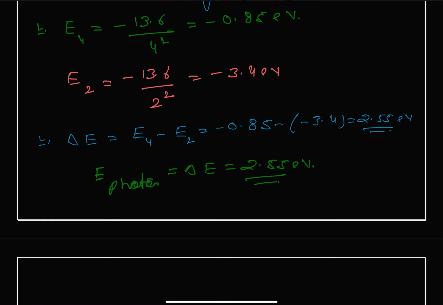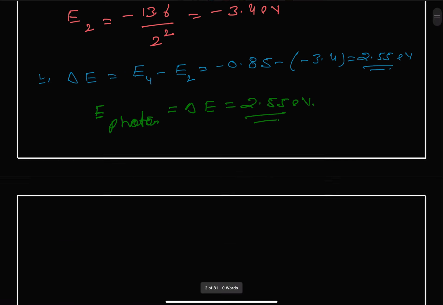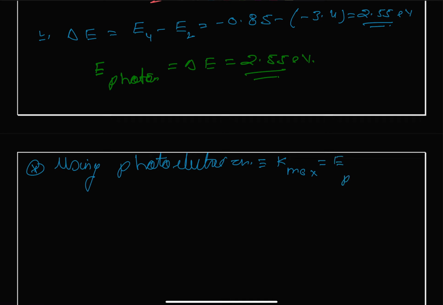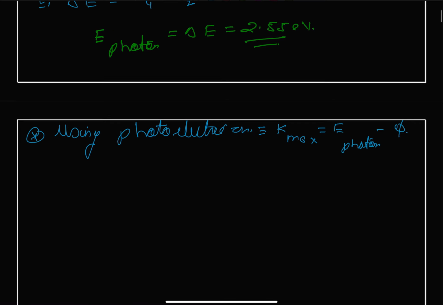So based on this, we can easily find out the maximum kinetic energy using the photoelectric equation, which gives us that the maximum kinetic energy K max is equal to the energy associated with the photon minus the work function phi, and all the values are known to us.